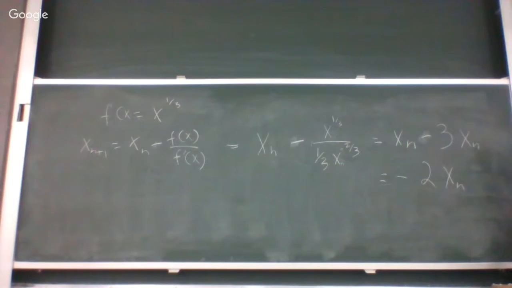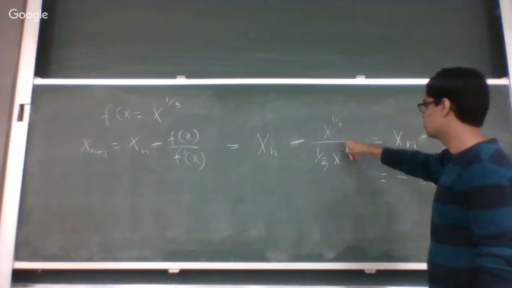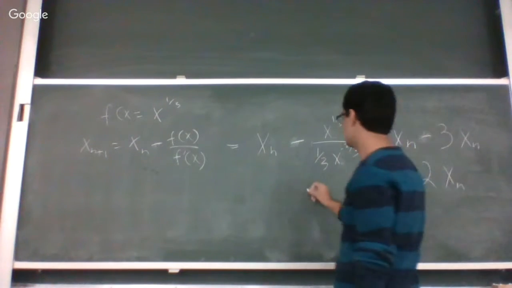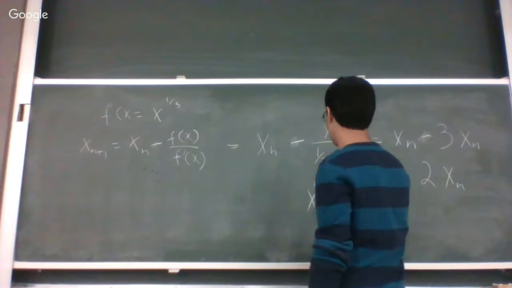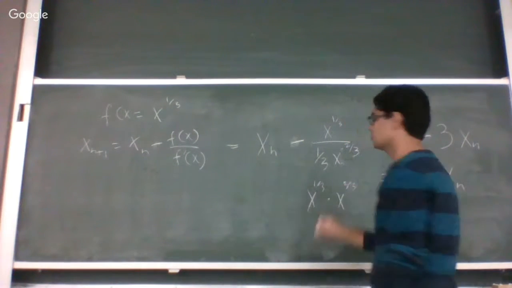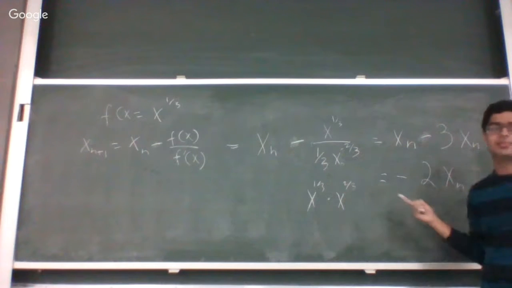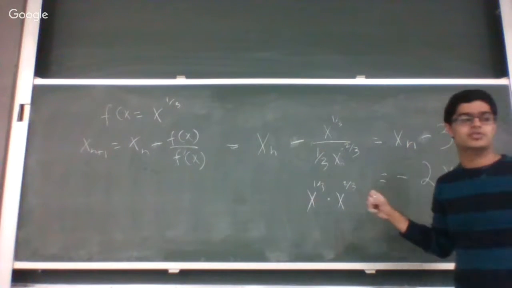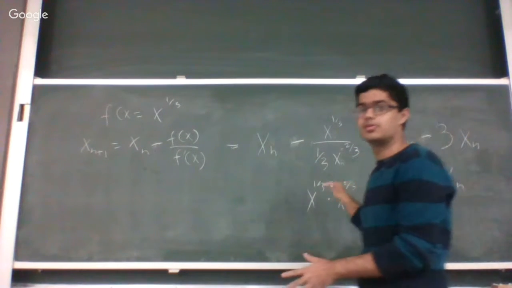How do you turn the x into 1/3 and the 2/3 into x then? How do you know that? This is x to the 1/3. This is negative 2/3 in the denominator. That goes to the top times x to the 2/3. We add them. Because we're not given any x values. This is just working purely with numbers.